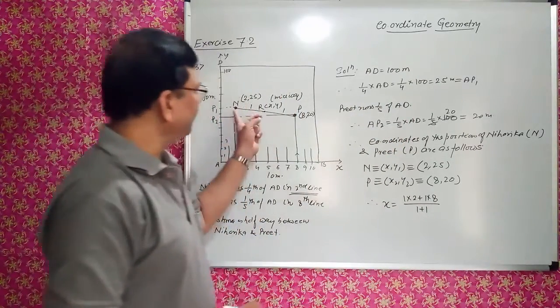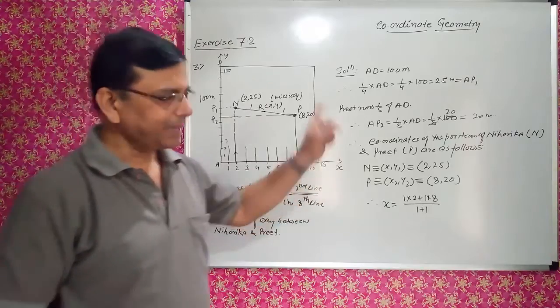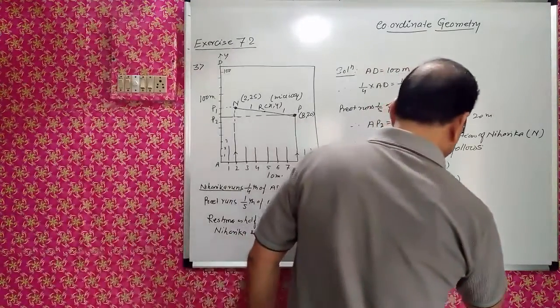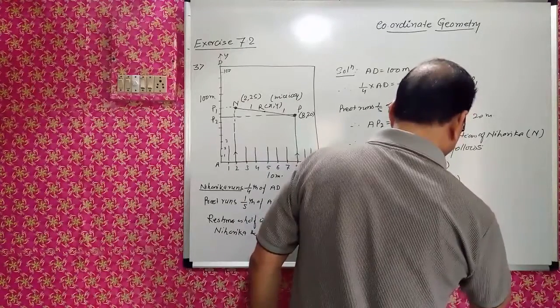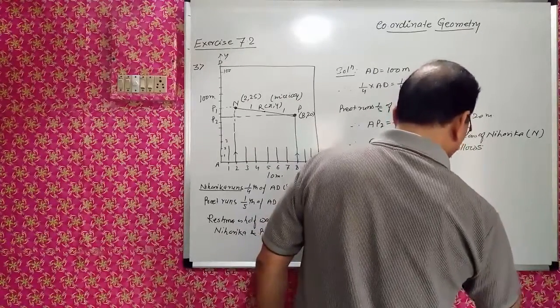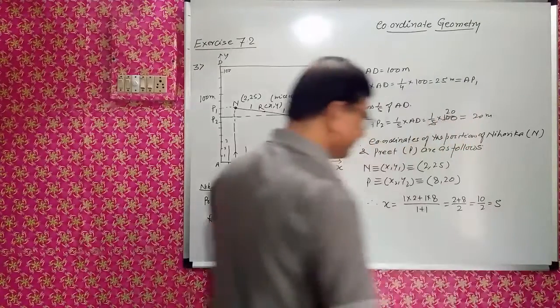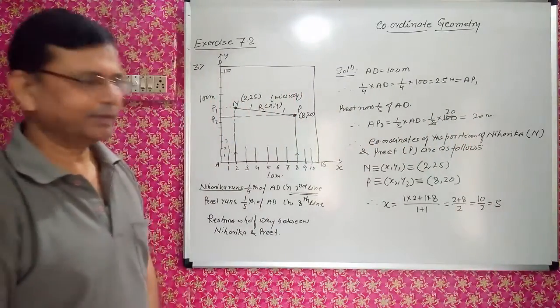So since 1:1, we can simply write (x1 plus x2) by 2. So that is 2 plus 8 by 2, that is x coordinate is 10 by 2, that is equal to 5. X coordinate is 5.